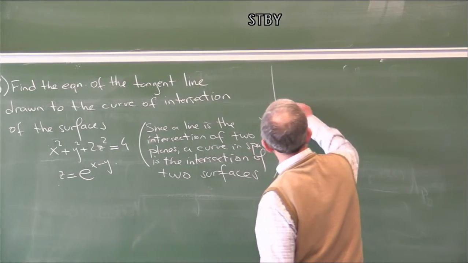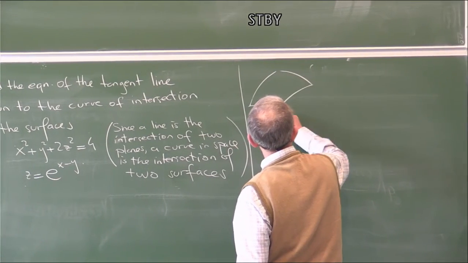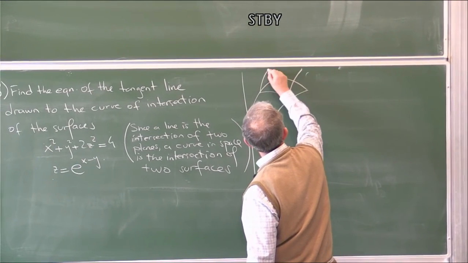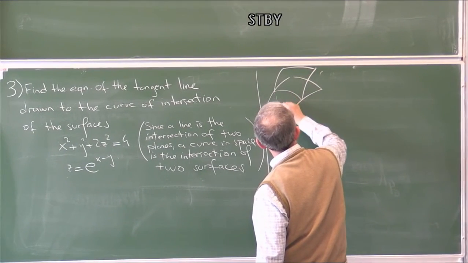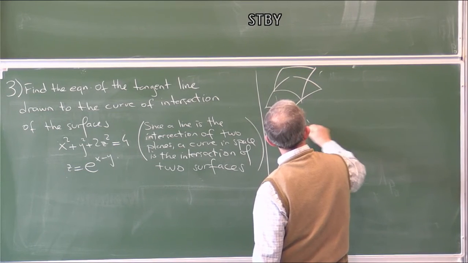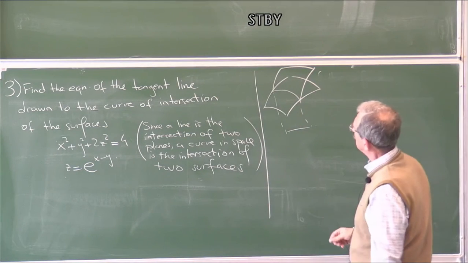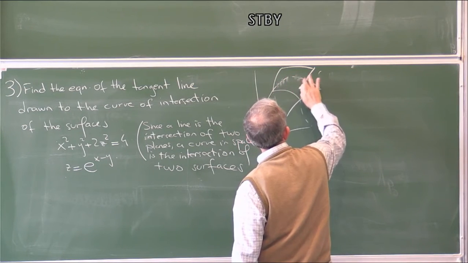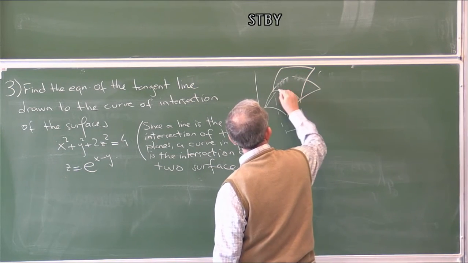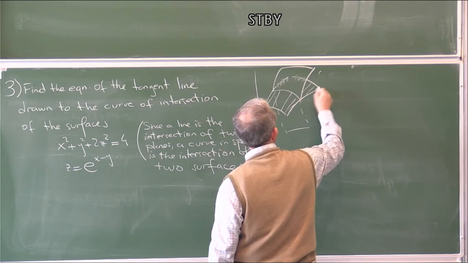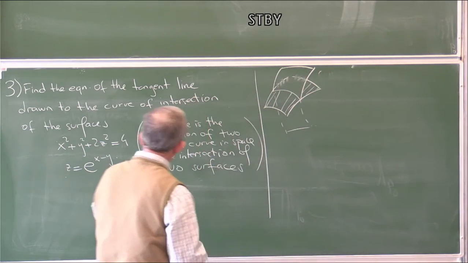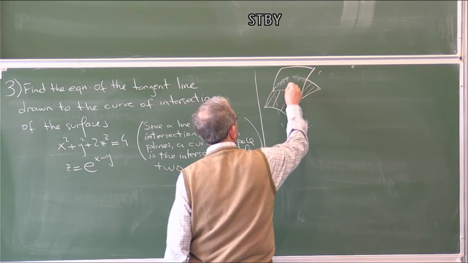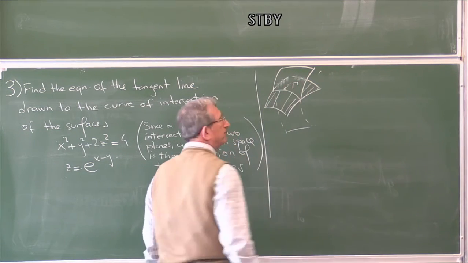So, roughly, we have a surface and, say, another surface, and they intersect. Say we don't see this one, it's behind this. So this is one surface, this is the other one, and they intersect, giving us some curve, call this curve gamma.